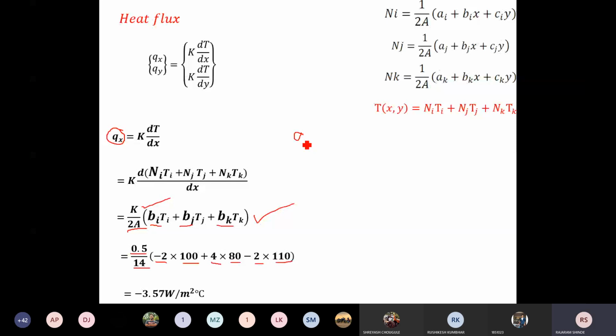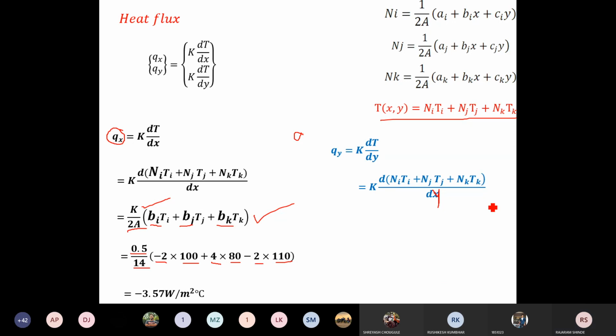Now Qy is your k dT by dy. Again you put T is equal to this one, that is k into d by dy of Ni Ti plus Nj Tj plus Nk Tk. That means Qy is equal to, here it is y, sorry.